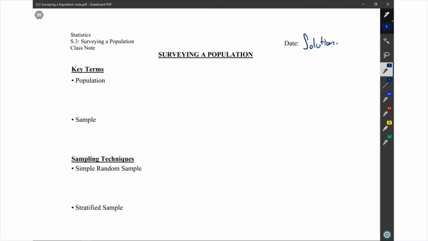So let's start off by talking about a population. A population is all individuals or items that belong to a group being studied.